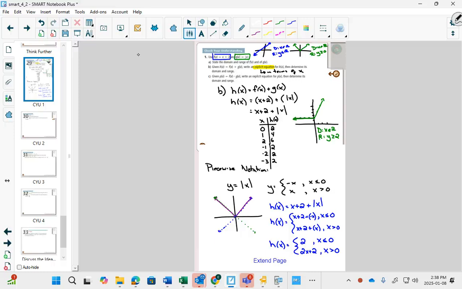And when x is bigger than or equal to 0, it's 2x plus 2, which is that line. So a piecewise graph can sometimes help us draw it faster than a table of values, can also help us draw it more accurately, and can help us with the domain and the range. So we're going to use that for part C.